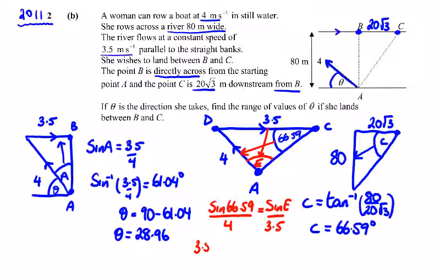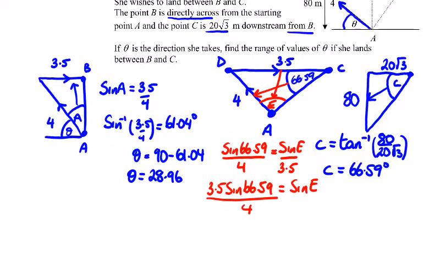So 3.5 sine 66.59 is equal to 4 sine E. So don't write the 4 down, we're going to divide by it. So the inverse sine of this, we can just write down E. You type into your calculator the inverse sine of the left hand side, and if you want to write sine E equals 0.803, do it in stages, slightly rounding it off, we're going to get E to be 53.41 degrees.